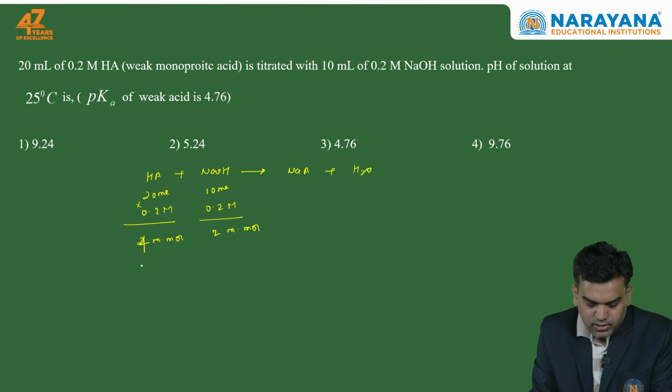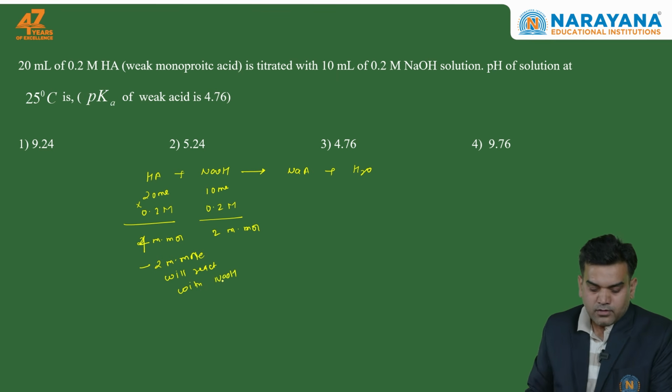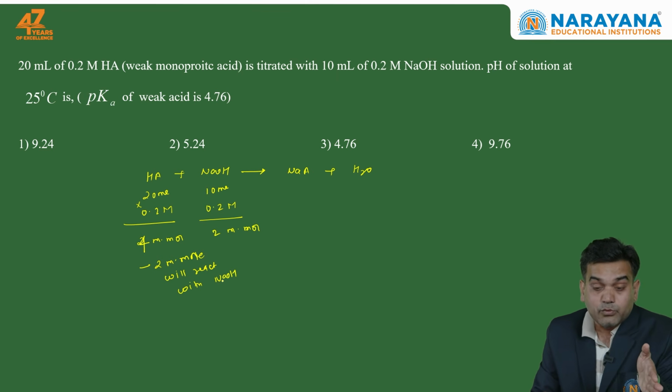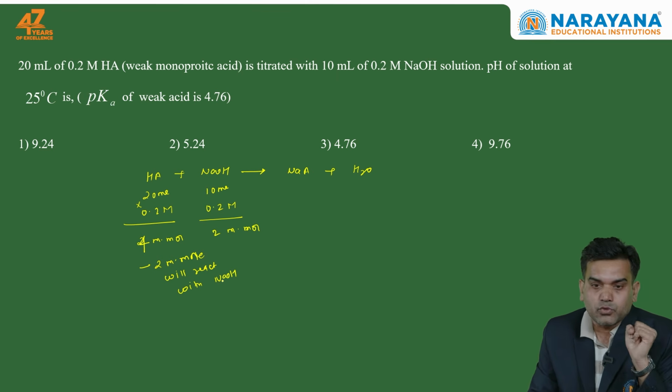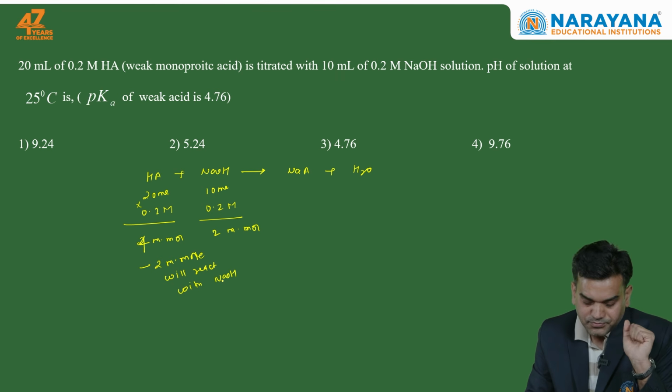So 2 millimoles will react with NaOH. As per this stoichiometry, if 1 mole of NaOH reacts with HA, it will give 1 mole of the sodium salt NaA.